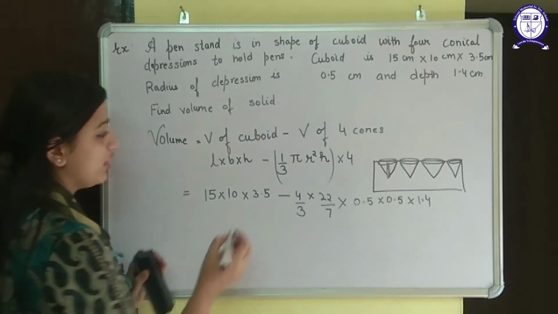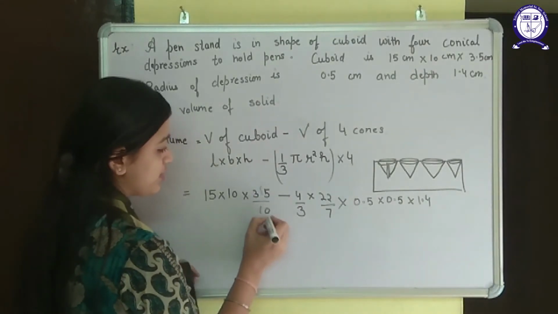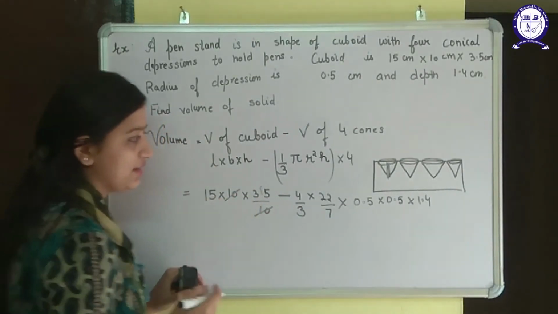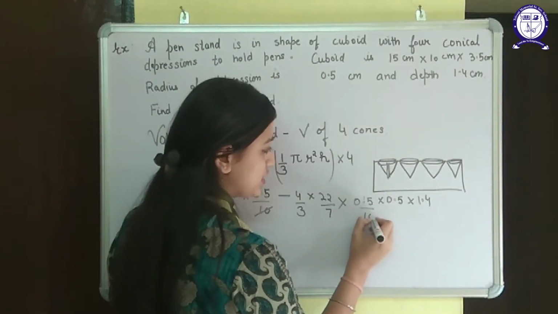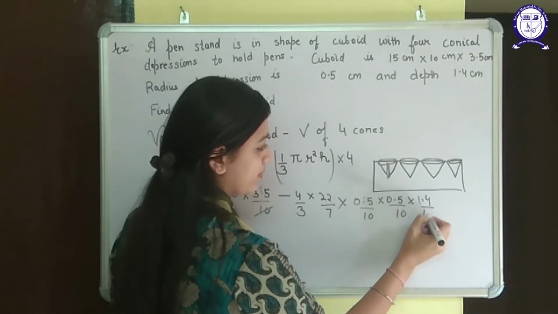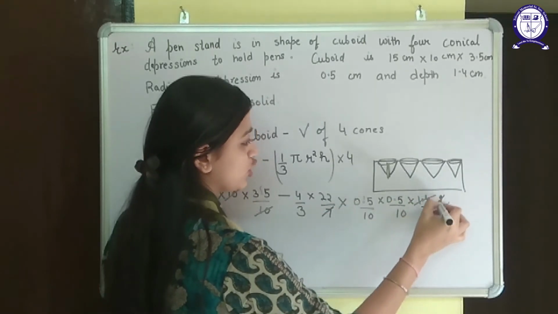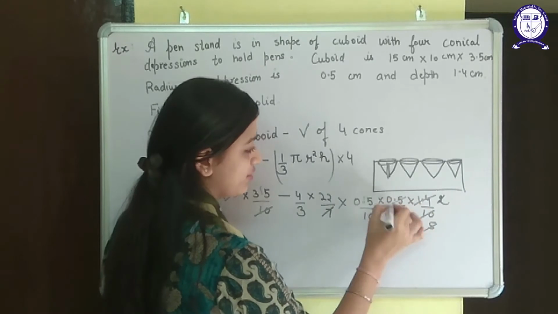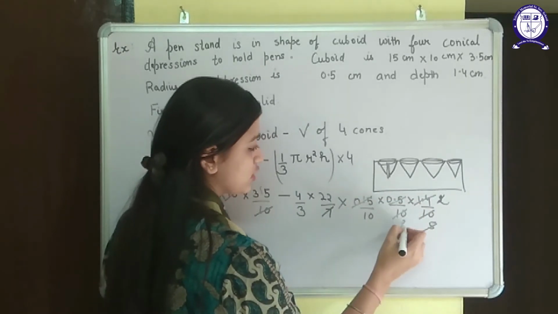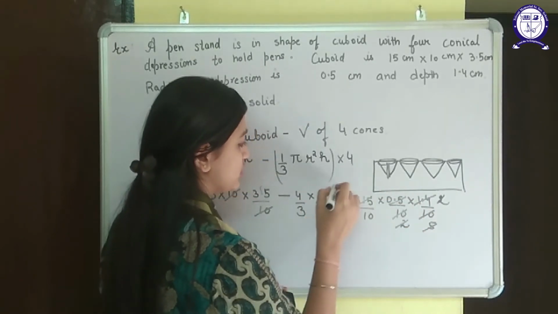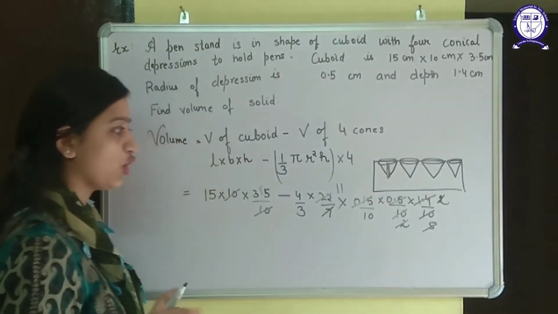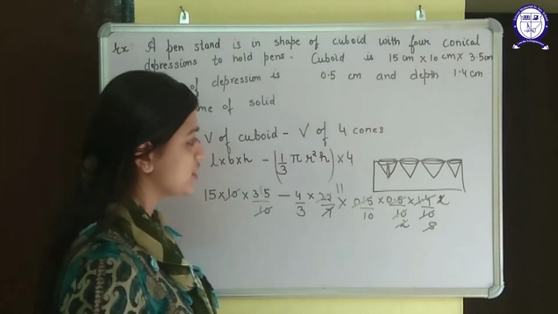So now let's solve it. First of all, remove this decimal and we can cut 10 and 10. Removing these decimals, this 7 will cut it at 2, 2 at 5, 5 and 5. Again 5 at 2 and 2 at 11. Okay, this is all we can cut in this question.